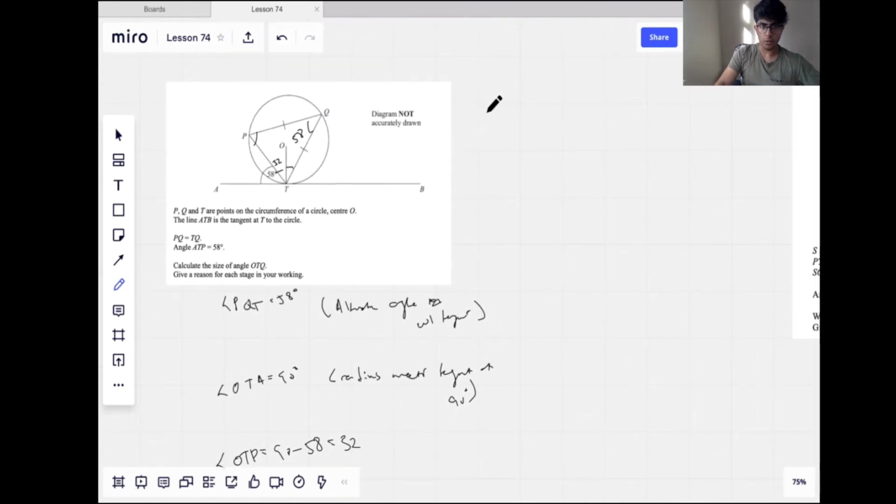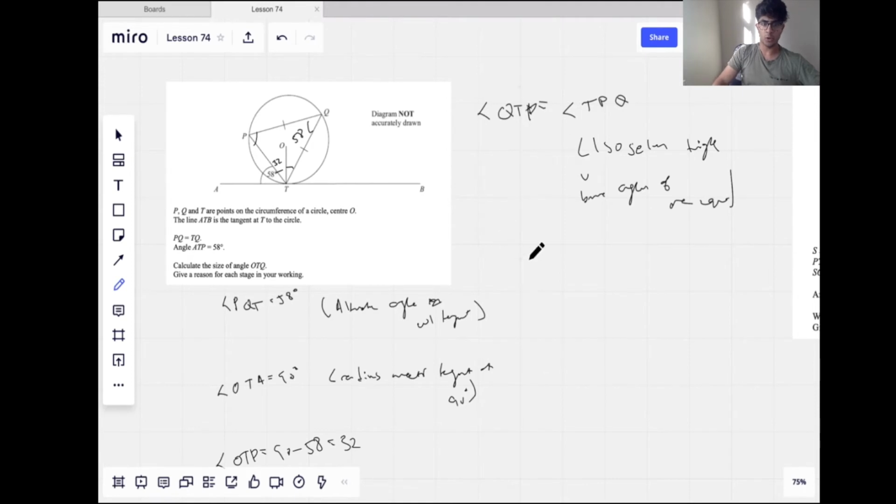I'll continue on here. Angle QTP is equal to angle TPQ. Isosceles. So base angles of isosceles triangle are equal.